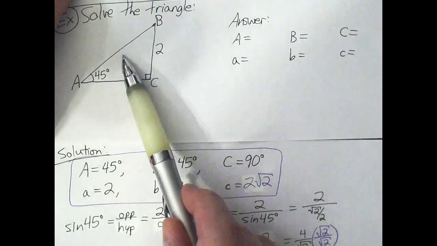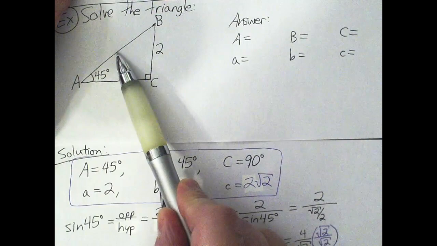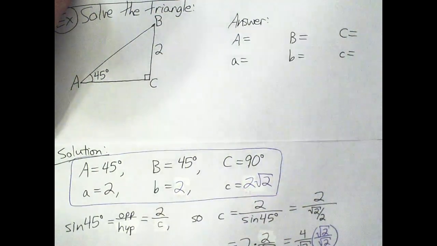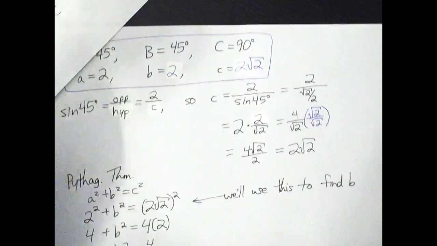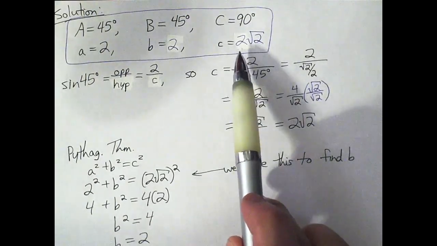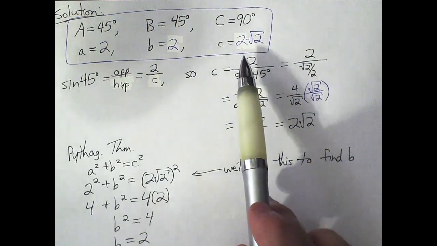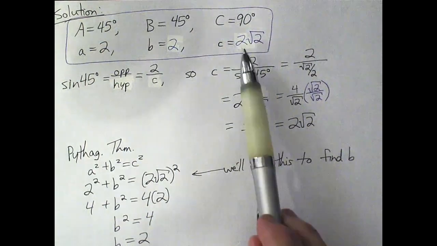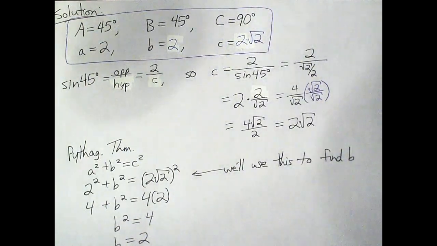And that agrees with what I'm seeing in the picture. This side length is the longest of the 3. That's the kind of reality check that I like to do. If I got a really small answer for c, I would say that might be wrong because that looked like it should have been the longest side.